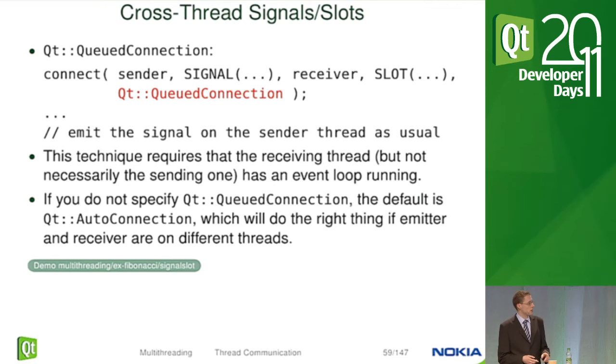If you use cross-thread signal slots, you have some restrictions on the argument types. So pointers are obviously dangerous, especially if they are not living long enough. Well, you could use pointers, but then you need to make sure that it's only deleted after the thread has executed it, which is tricky.